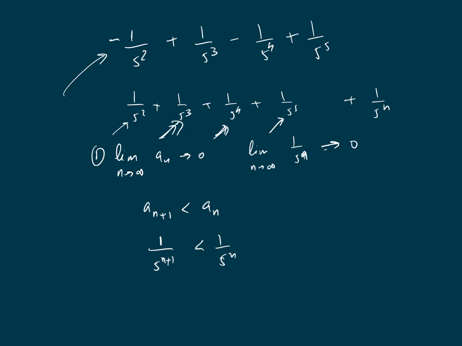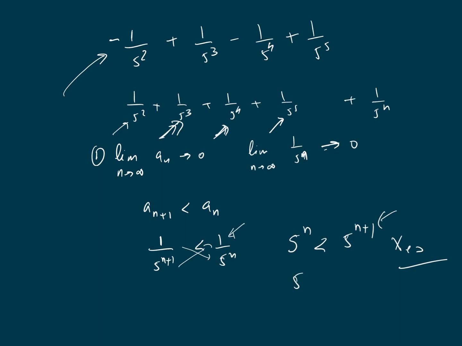If this is true, it means that 5 to the n is smaller than 5 to the n plus 1. I multiply this by this, so the 5 to the n plus 1 will appear here. So is 5 to the n plus 1 bigger than 5 to the n? Yes, it's bigger.